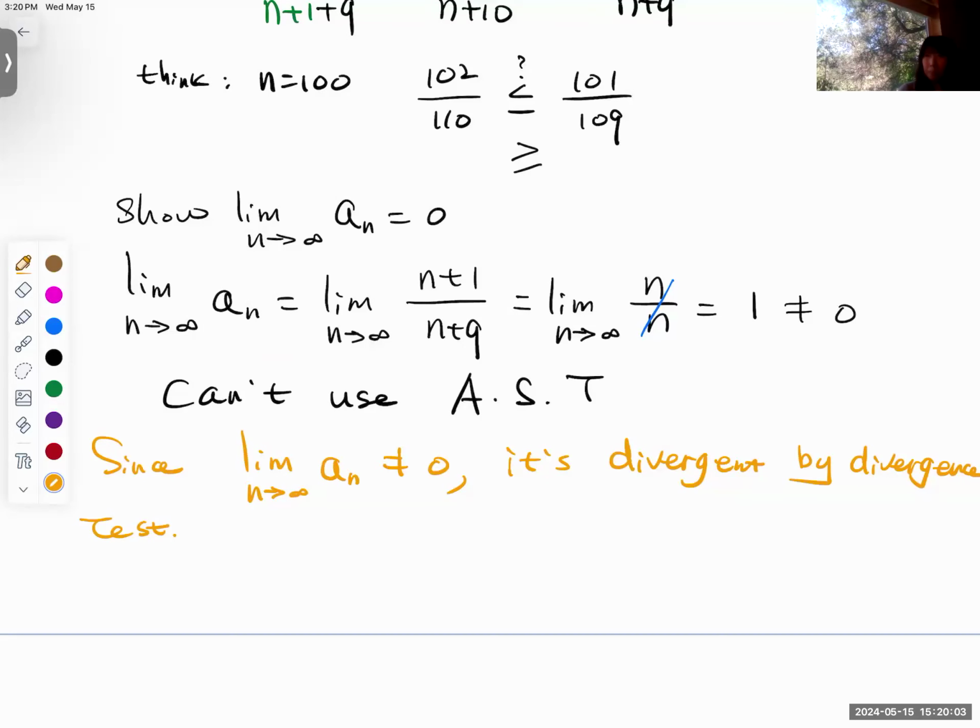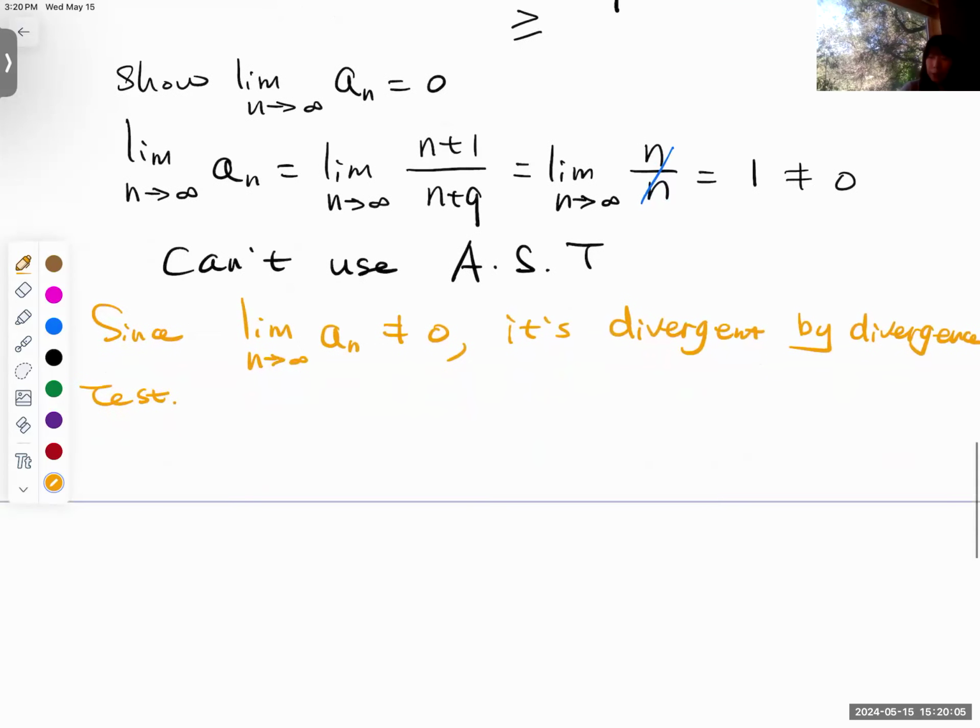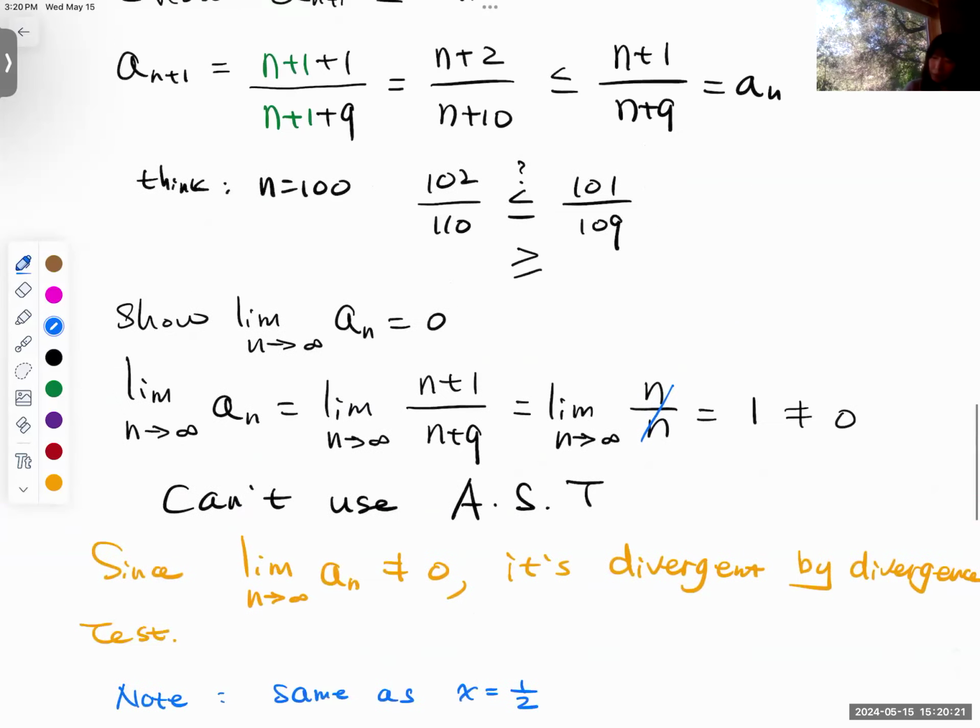All right, so this is the same as x equal to positive 1/2.